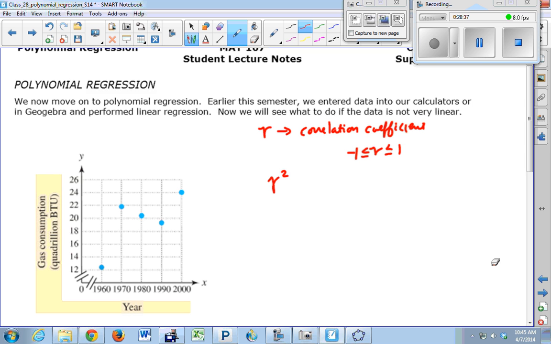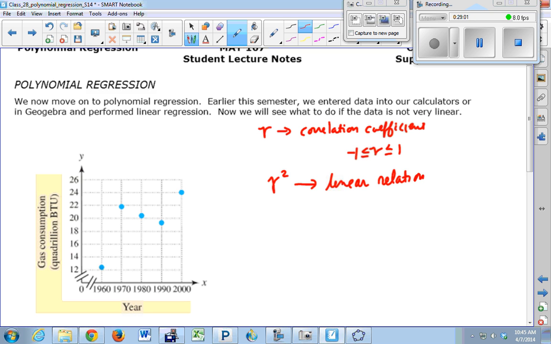So in order to compare the different models we're going to look at today, we're going to be looking at R square, because you can't calculate R for a quadratic, because there's no linear relationship in a quadratic. If you're looking at a linear relationship, it's little baby r.